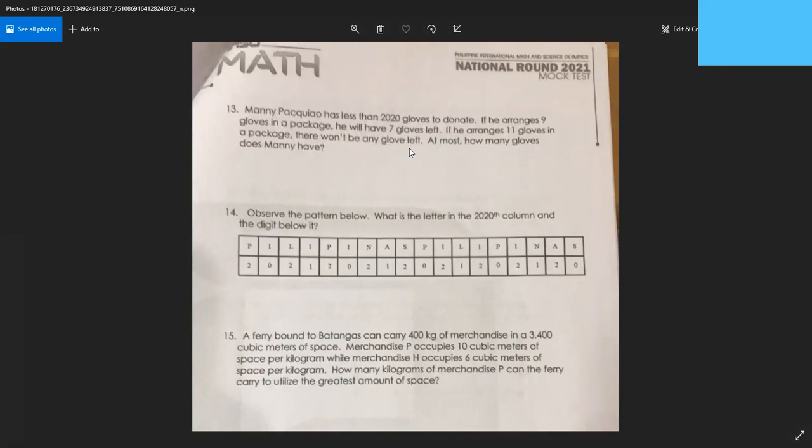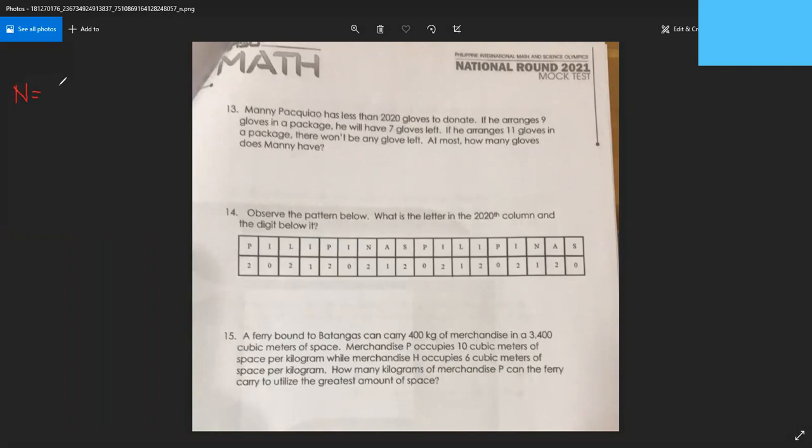If a number is divided by 9, the remainder is 7. If that number is divided by 11, there's no remainder. This is what we're going to do here. Now, that number is the letter n, we don't know that number yet, correct? If that number is divided by 9, we have a remainder of 7.